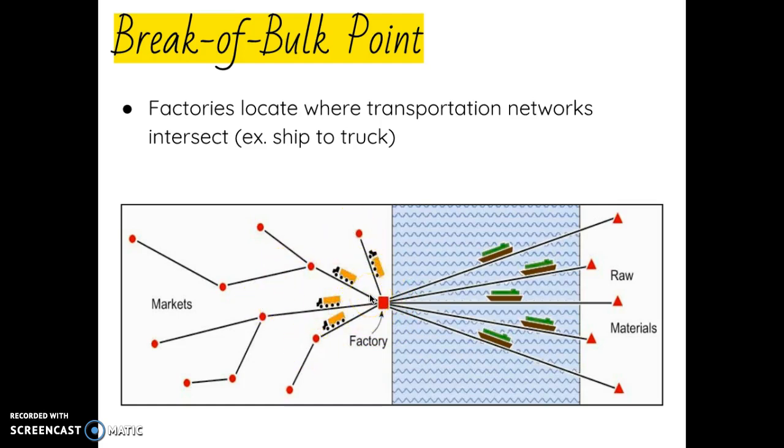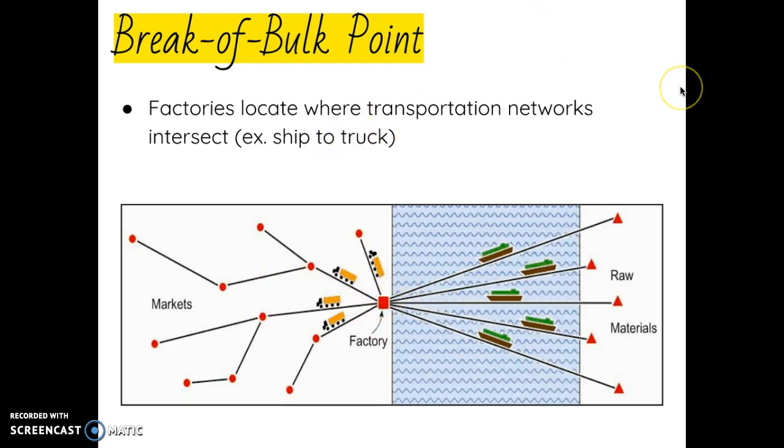That's what a break of bulk point is, where two or more forms of delivery happen. And the break of bulk is where this is actually transferred, right? So where the materials are transferred from the ship and then made and put onto the truck.